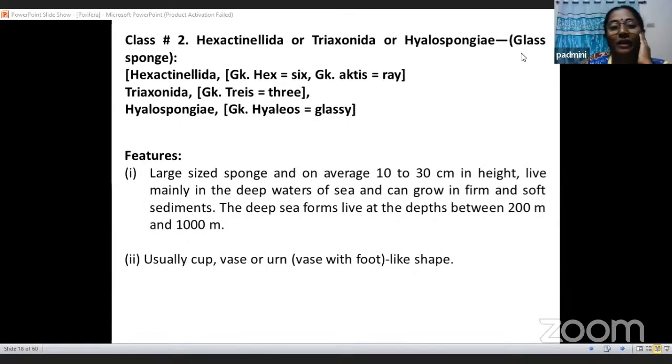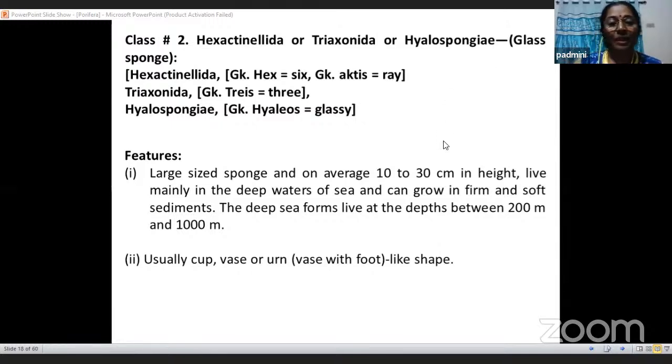They can also be called halospongia or glassy. Large size sponges, on an average 10 to 30 centimeters in height. Wow. So a small scale to a big scale height is what hexactinellida looks like.